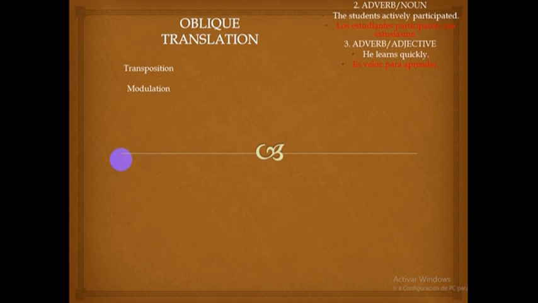So let's see the second technique that corresponds to oblique translation, which is modulation. Modulation consists of using a phrase that is different in the source and target languages to convey the same idea. Right now, let's see some examples that correspond to this technique.